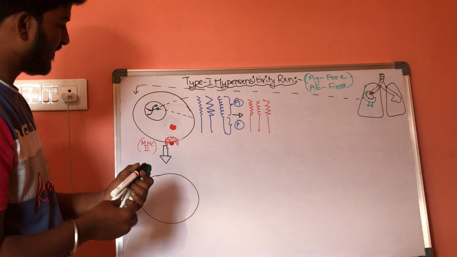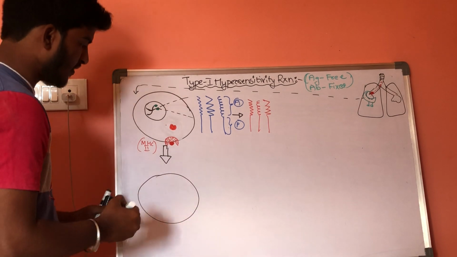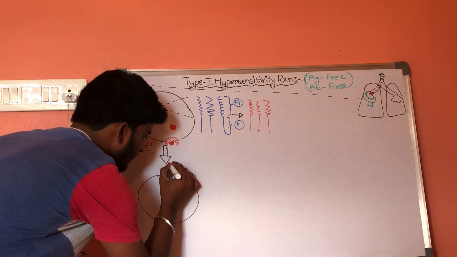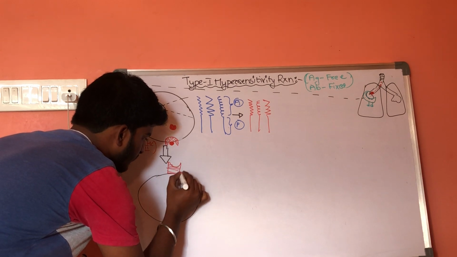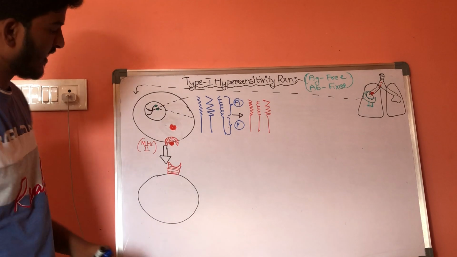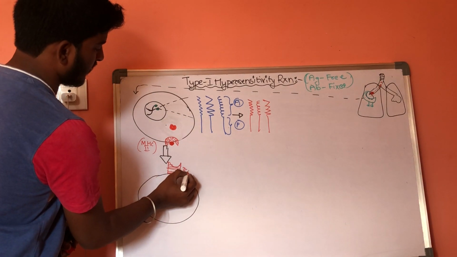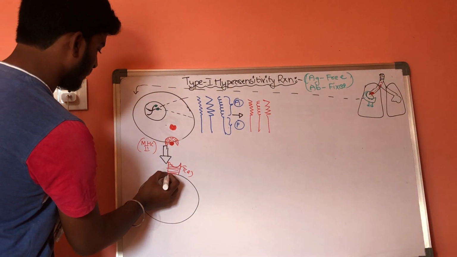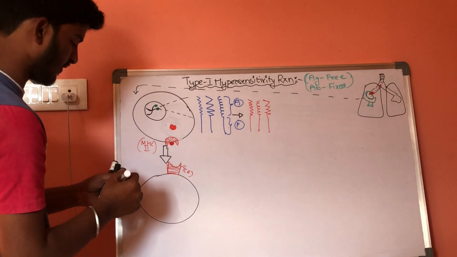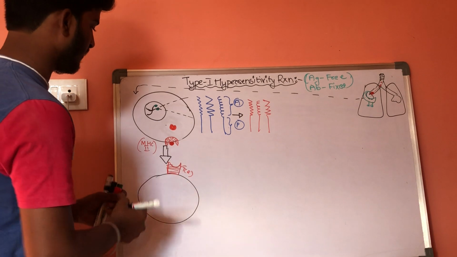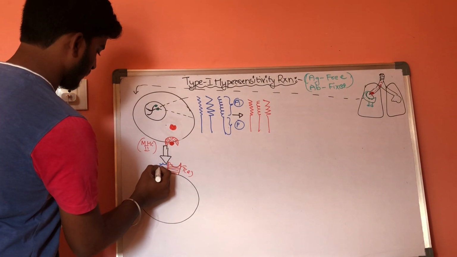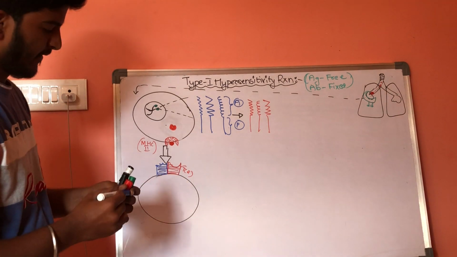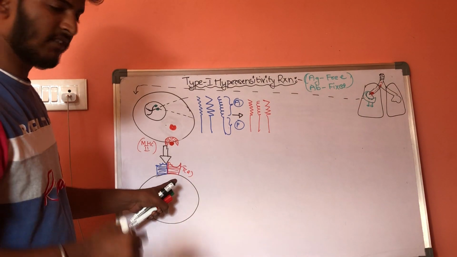On the surface of the T helper cell, there are T cell receptors. These are the T cell receptors, and there is another type of receptor. This is one T cell receptor.